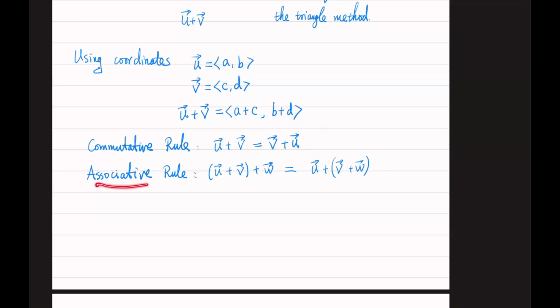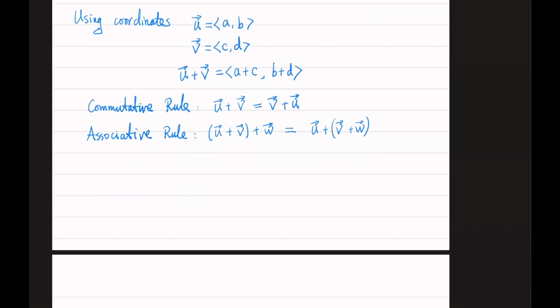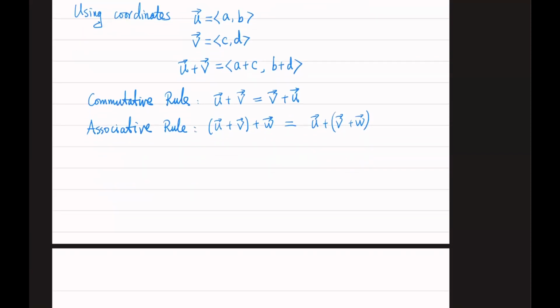The associative rule, it doesn't matter which way to add first. Eventually we get the same result. To check, this is the commutative rule and the associative rule for numbers. Wait, wasn't there a third one? The third one will come later.